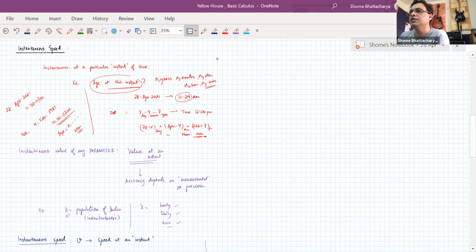So in this part, we have actually not talked about speed at all. This is the general meaning of the term instantaneous, what we mean by instantaneous.